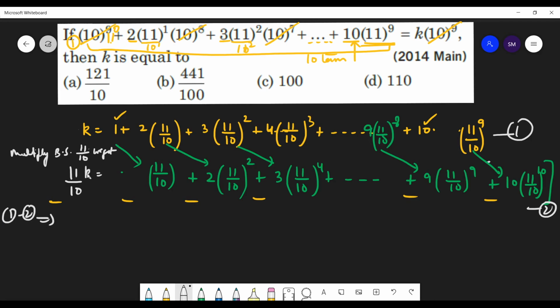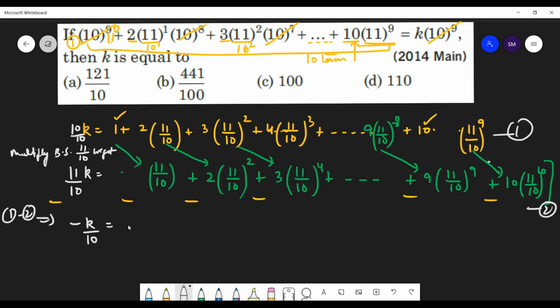Now this k minus 11 by 10 k, what do you get? Minus k upon 10. But what does this mean? 10 upon 10 k. So minus k upon 10.